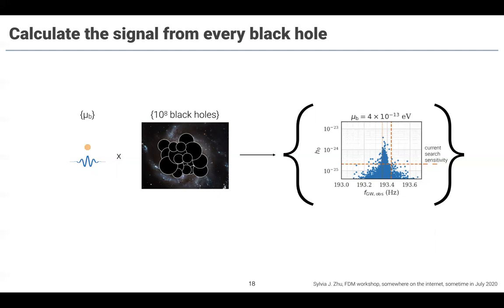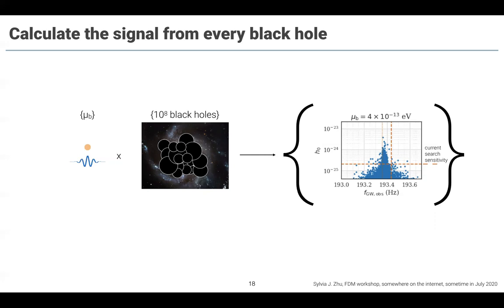Now remember, because everything is moving, this is not just the frequency at the source. This also takes into account that the black holes are traveling, so you get a little Doppler shift from the black hole's motion itself. Each of these dots is the gravitational wave signal from a single black hole boson cloud system.